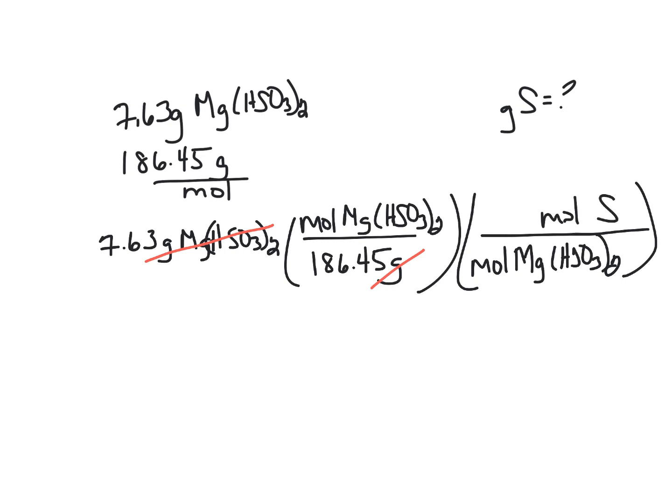Okay, so where am I going to look to get the number of moles of sulfur in each mole of the compound? So we look at the formula. When I look at my formula here, I see that there's a sulfur inside the parentheses. There's no subscript there, so that means a 1, but there is a 2 outside the parentheses, so that goes with everything in the parentheses. So for every mole of magnesium bisulfate, I have 2 moles of sulfur.